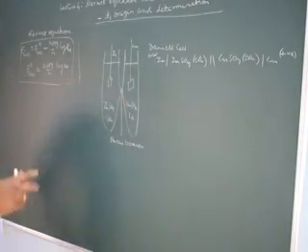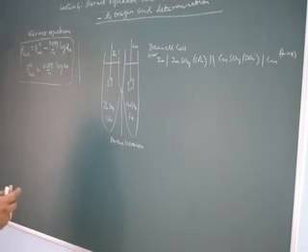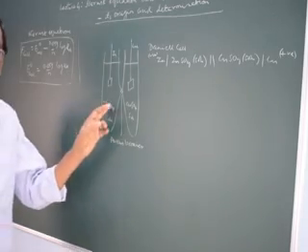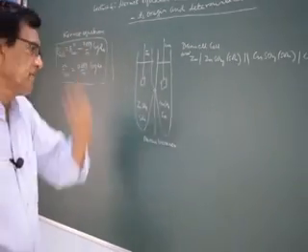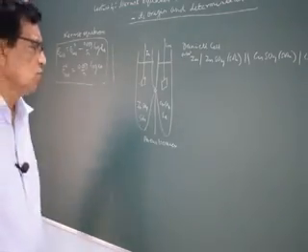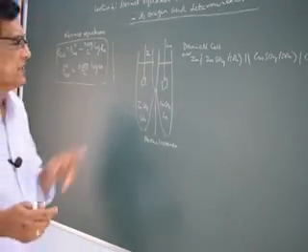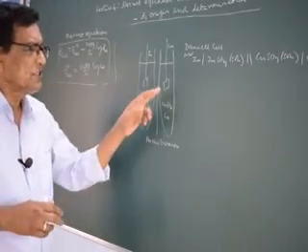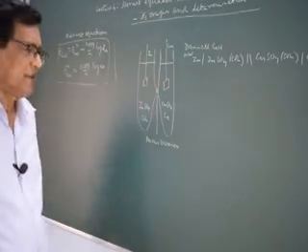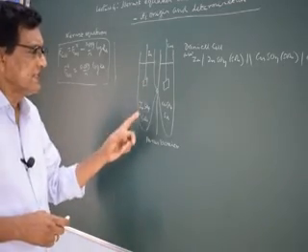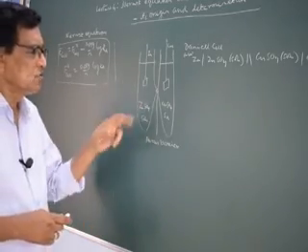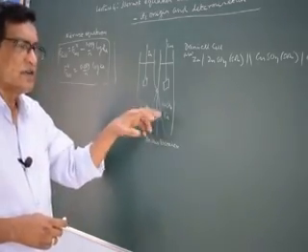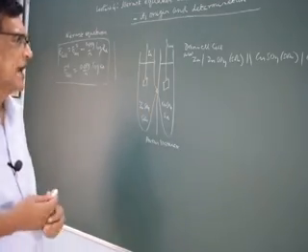Now I shall try to explain how the potential is developed in each of these electrodes. Zinc is more electropositive than copper. So in this case, zinc will be oxidized to zinc ion, and copper ion will be reduced to copper atom.